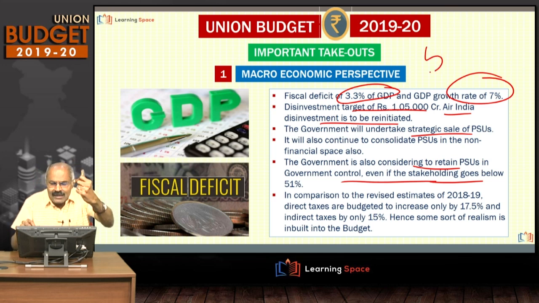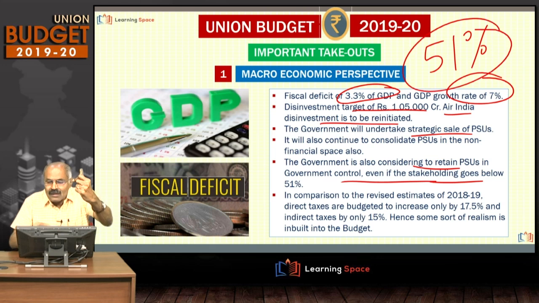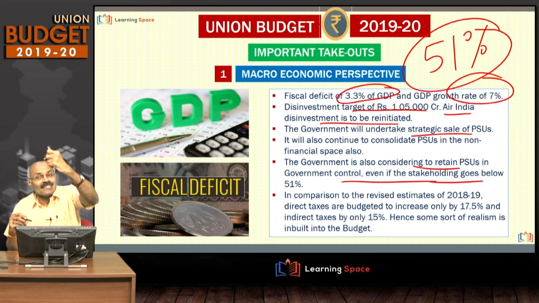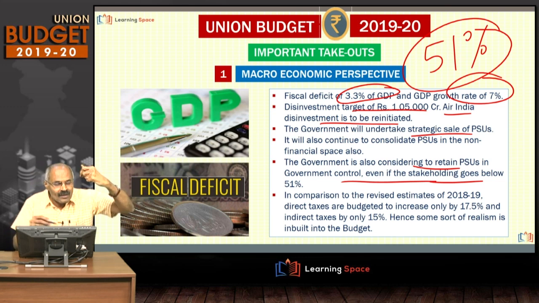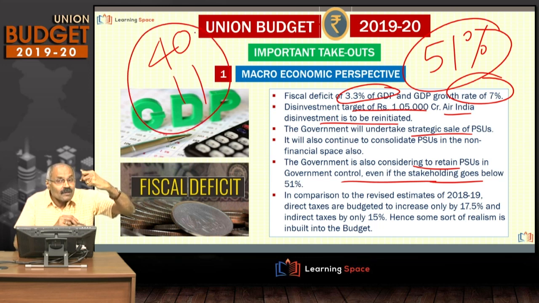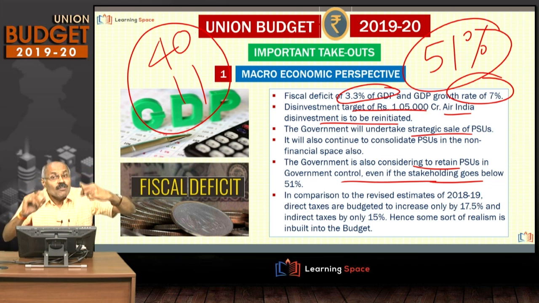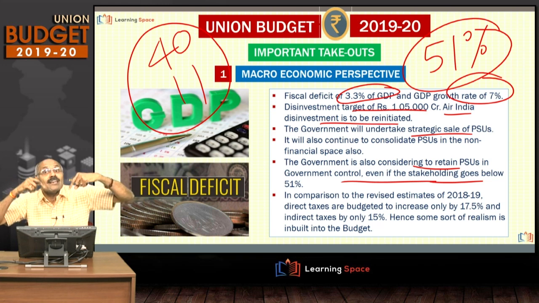Normally, government control is ensured when the government shareholding is 51%. But the meaning of this is that in future, government may have 40%, LIC may have 11%, so overall 51%. Under those circumstances also, in future, government will look at ensuring government control when the government shareholding goes below 51%.